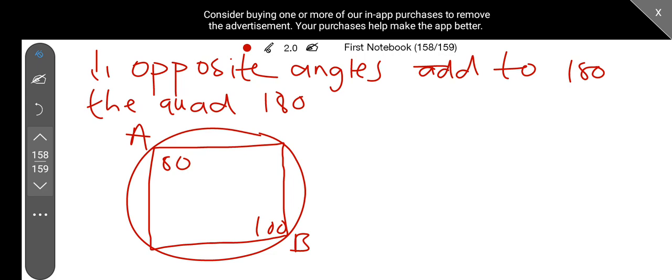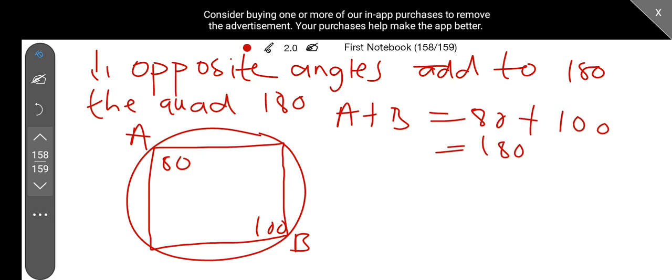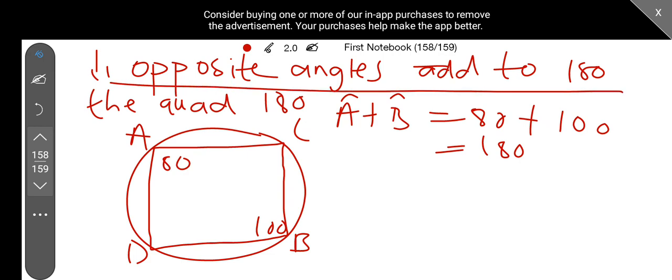If we add A plus B, notice that you get 80 plus 100, which is 180 degrees. And this angle, right, so you must show that it's 180 degrees. Therefore, we can conclude that quadrilateral A, B, C, D is a cyclic quad if they say opposite angles add up to 180. The theorem itself is the reason.